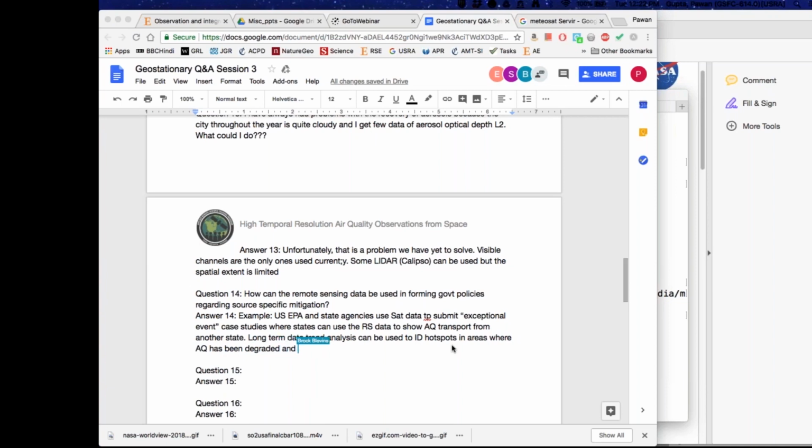There are other ways in which people have been using the data for specific policies to put in place.